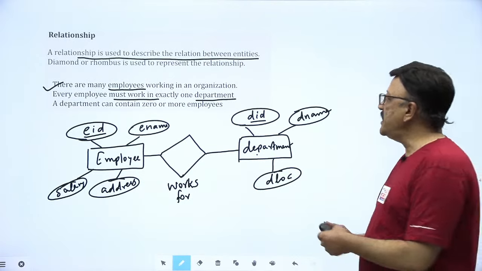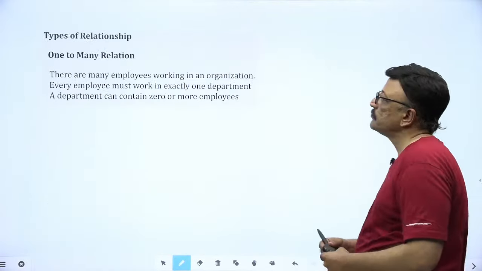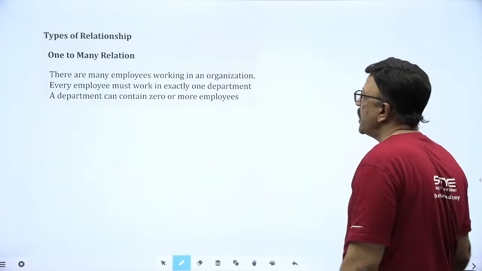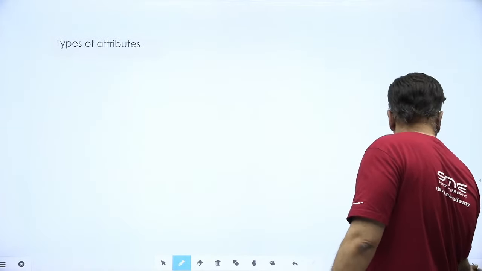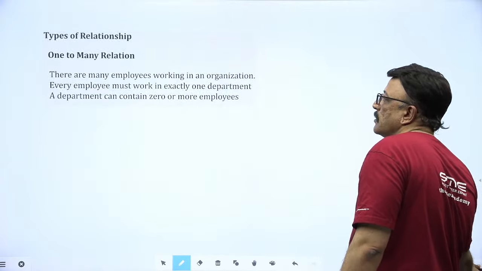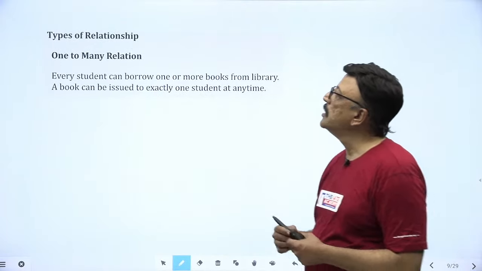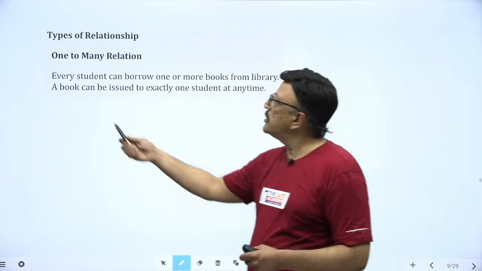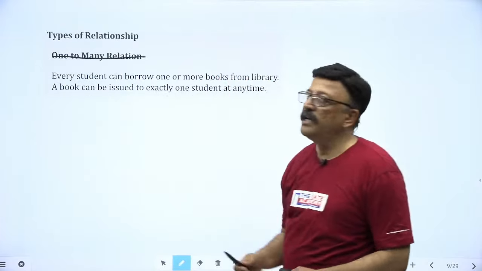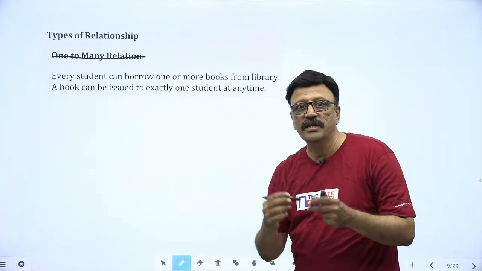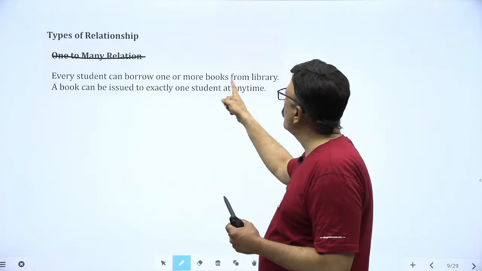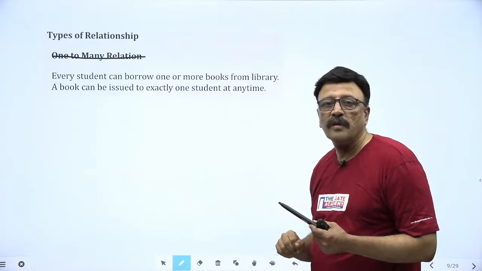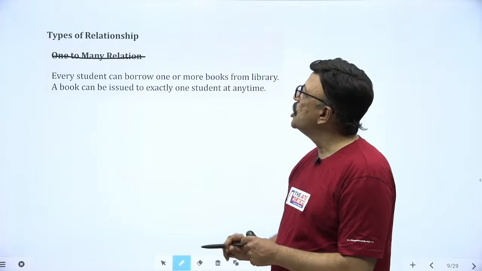Okay, let's take one more example here. Do we have another example? Let me check. Okay, here we go. Let's say, just ignore this right now, a one-to-many relationship we are talking about. Every student can borrow one or more books from library. Just check the sentence. Student is a noun.